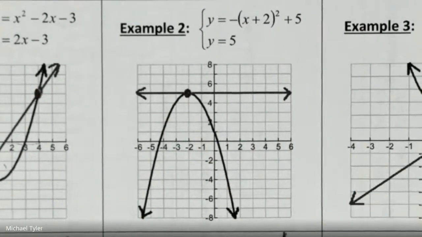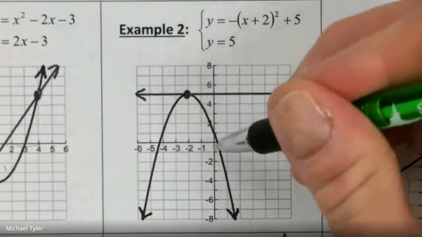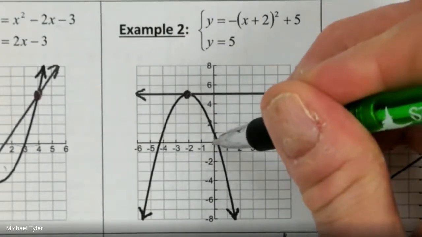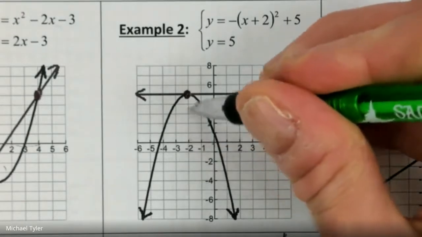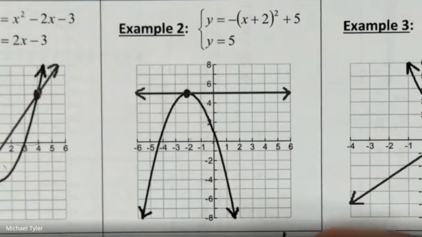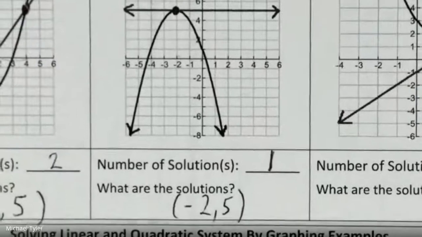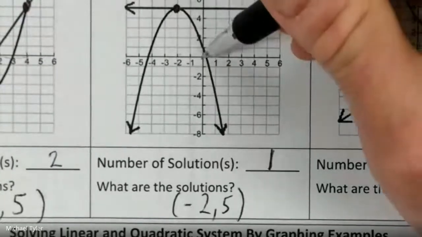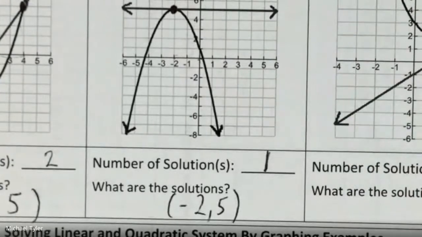What is the solution? Well, we start here at the origin. So we go left 2 because we're underneath the point. Go up, and it crosses at -2, comma, 5. So again, over 2, up 5. So the answer to this one is -2, comma, 5.